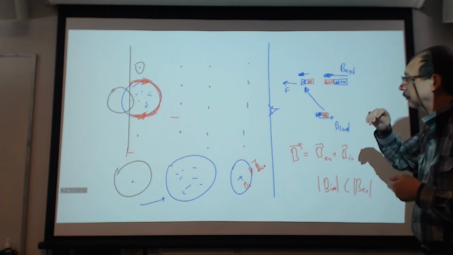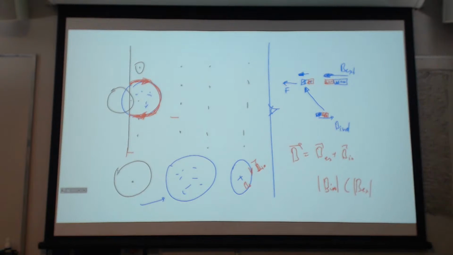And there is a magnet that represents the induced magnetic field, and those face each other with the same poles, so they try to repel each other.